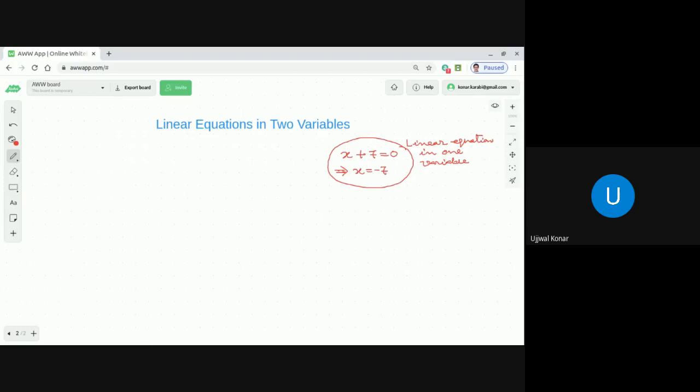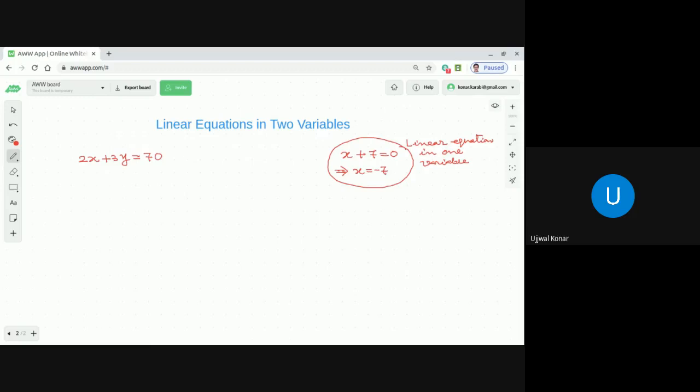Hence, it is a linear equation in one variable. Now, we are going to extend it to two variables. For example, if I write something like this, 2x plus 3y is equal to 70, this is a linear equation in two variables.